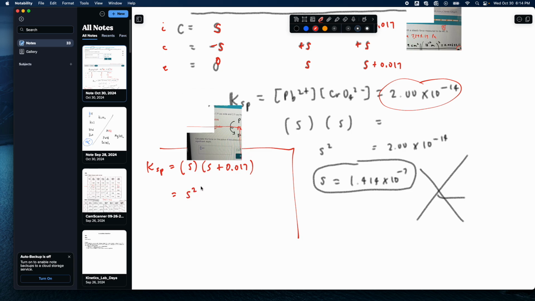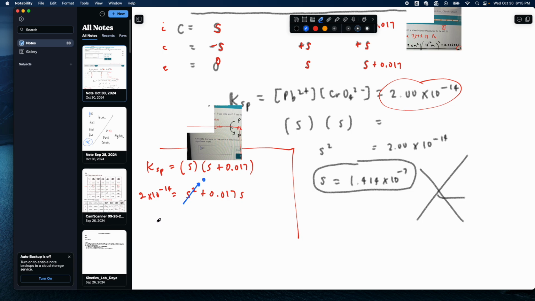Okay, so it's going to be S squared plus 0.017. S is going to equal to, and Ksp is 2 times 10 to the minus 14. Well, S is small, and so if S is small, this is going to be smaller. Let's call that 0.